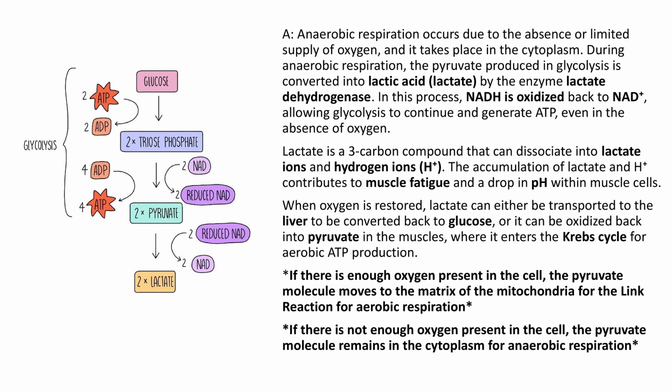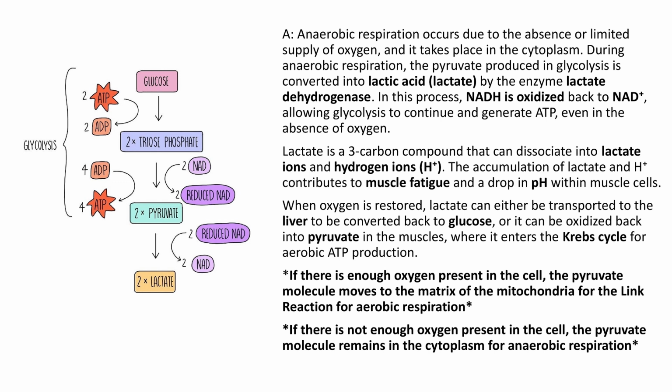If there is enough oxygen present in the cell, the pyruvate molecule moves into the matrix of the mitochondria across the inner membrane for the link reaction for aerobic respiration. If there is not enough oxygen present in the cell, the pyruvate molecule remains in the cytoplasm for anaerobic respiration.